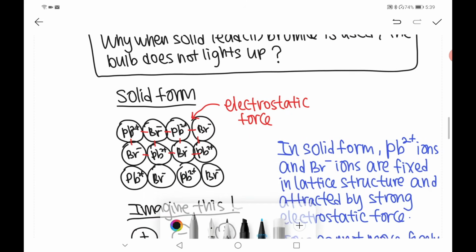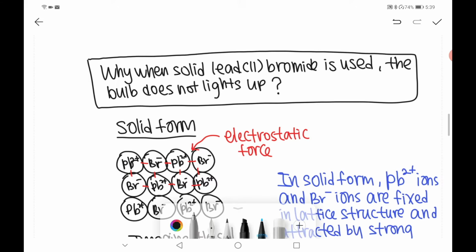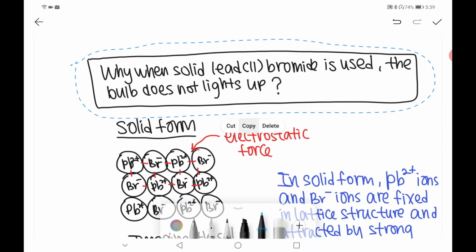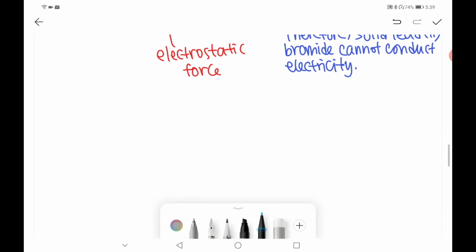Another question which is quite popular as well is this. Let me show you another popular question. Let me copy this and paste it here.